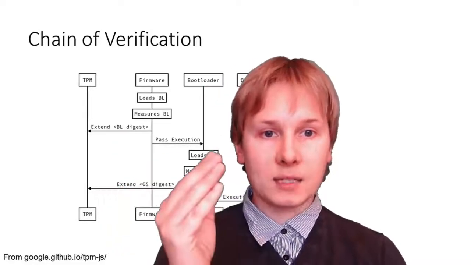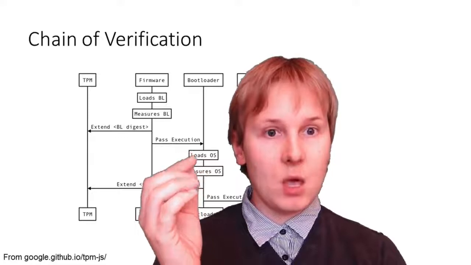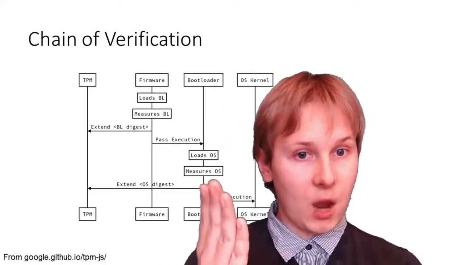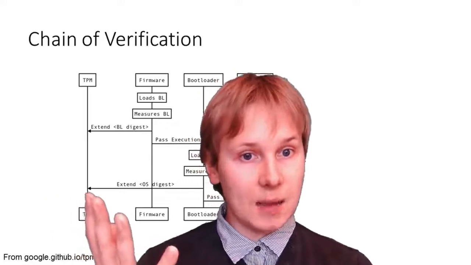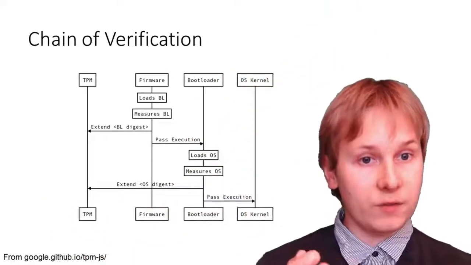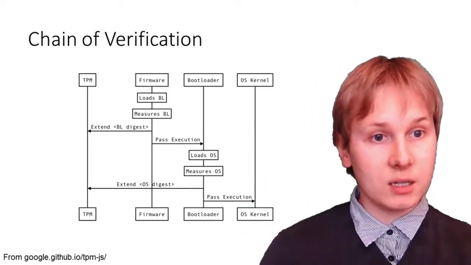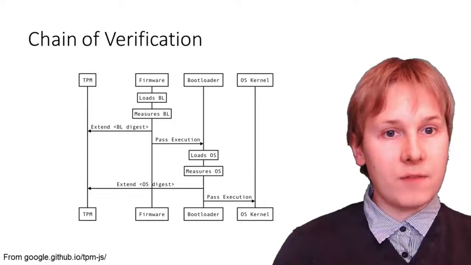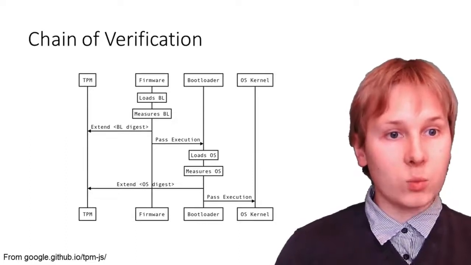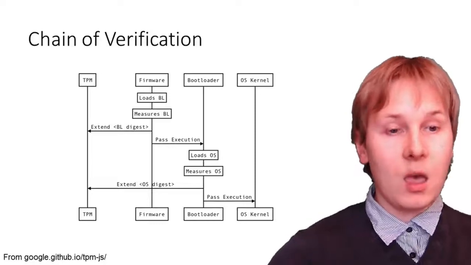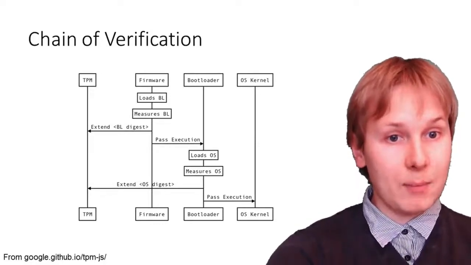Then, if it's correct according to the TPM, we can pass to the bootloader, which then loads and measures the OS, sends a message to the TPM to make sure it matches, then passes execution on to the OS kernel, finally, which is measured and seen if it's correct. So you get this chain of verification between all of these parts where each gets progressively larger and is vetted by the last one and backed up cryptographically by the TPM.